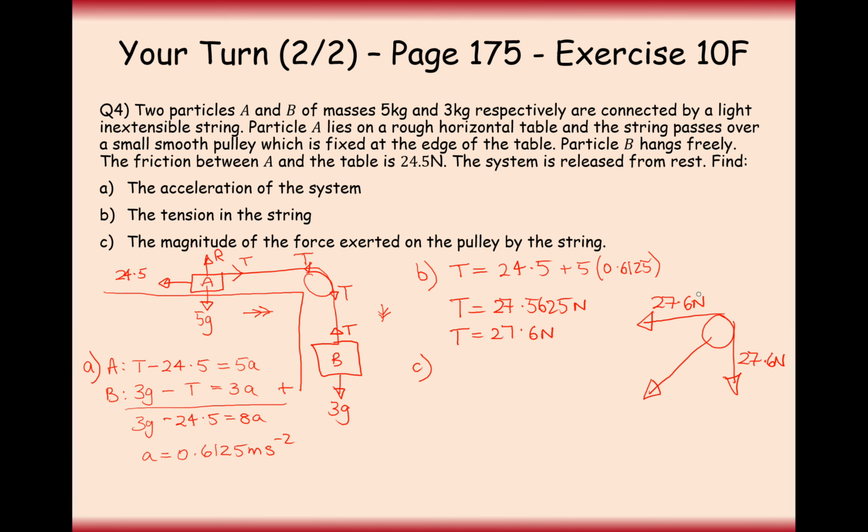So effectively what we've got, if we move this down to here, what we've got is 27.6 newtons effectively being applied horizontally, 27.6 newtons being applied vertically. So doing a bit of Pythagoras on this, we've got 27.6 squared add 27.6 squared, and this is going to equal 38.98 newtons. Let's round that off to 39 newtons in total.